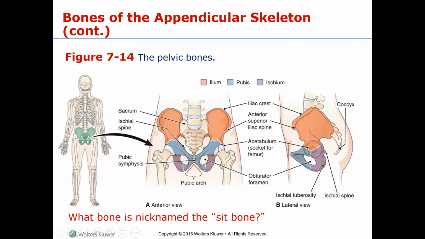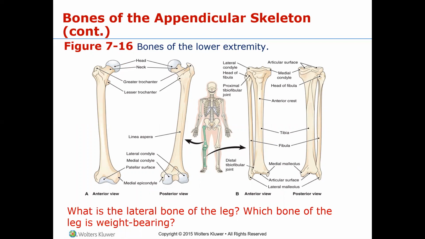So the head of the femur fits into the pelvis there at the acetabulum. And then again, we have these condyles, which are these protuberances on the back of the femur, and that's the medial and the lateral condyles.